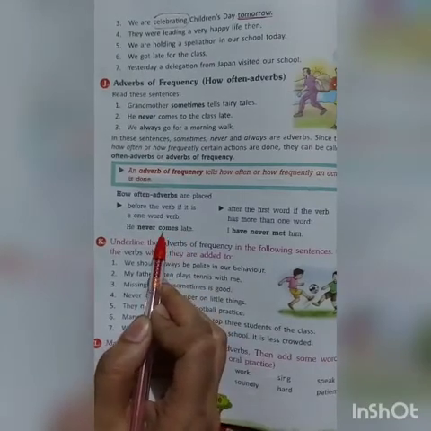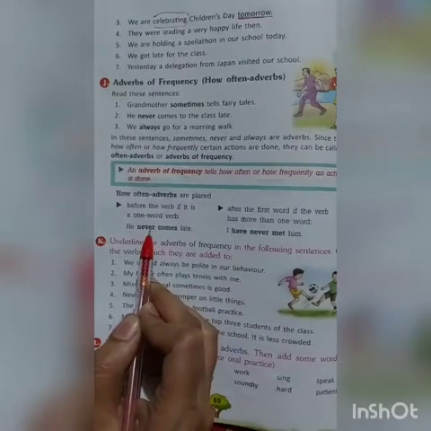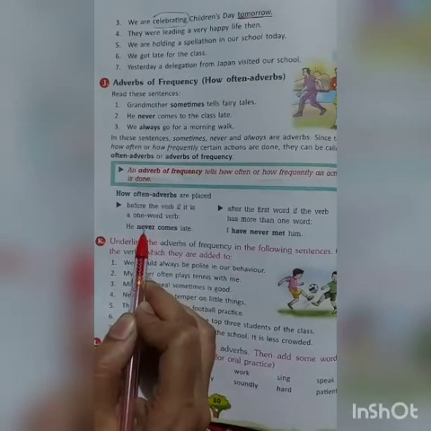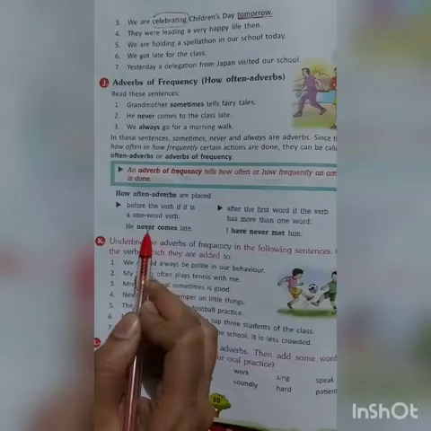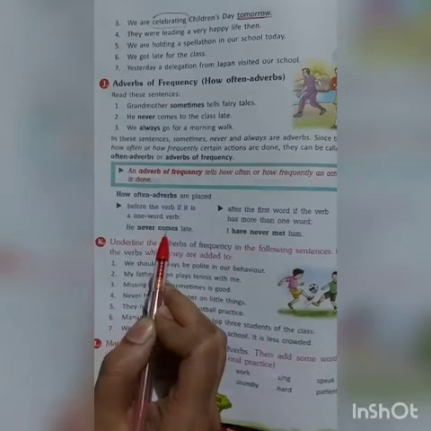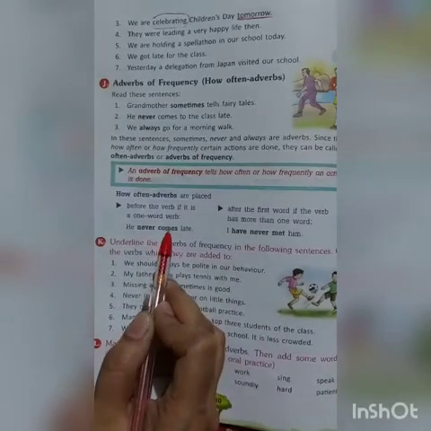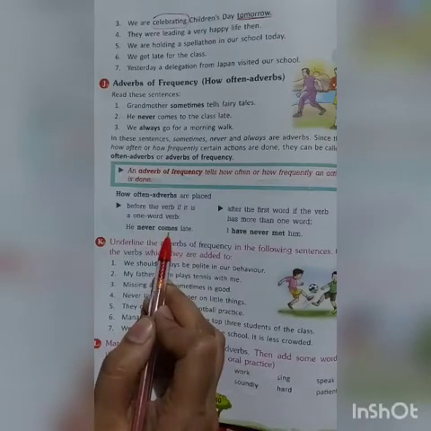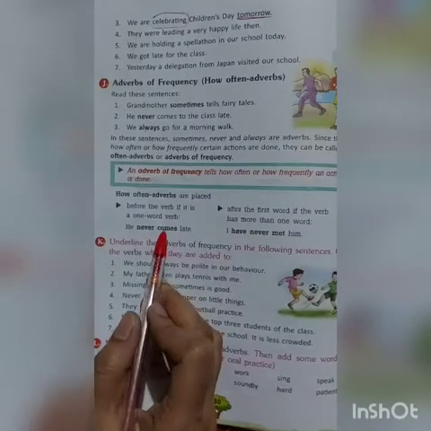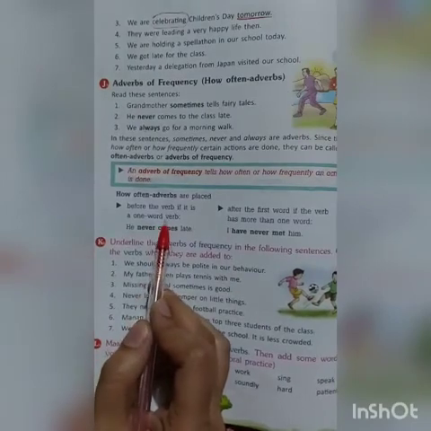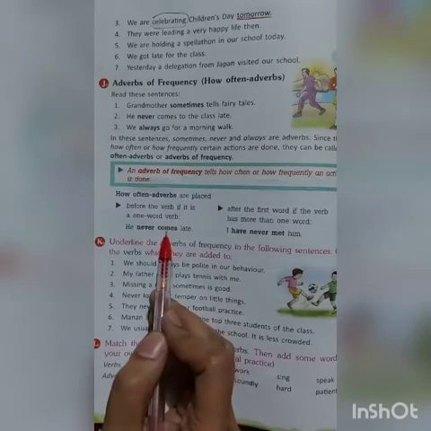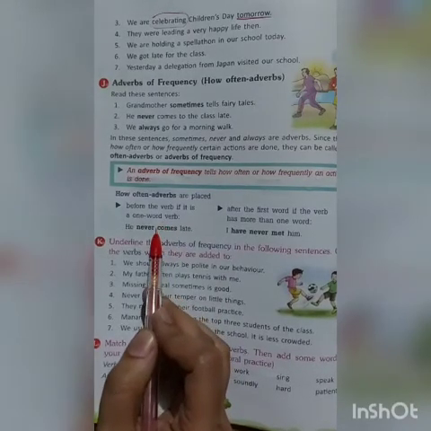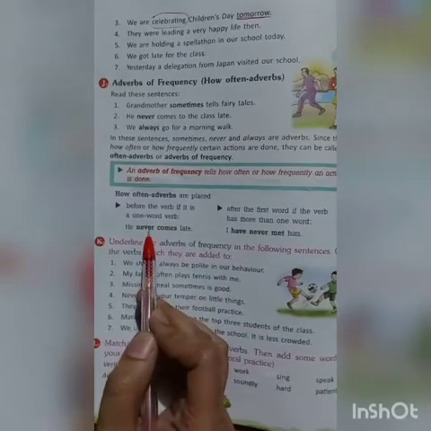Comes is the verb in this sentence and the word never is the adverb of frequency. So here you can see that it is coming before the verb. And remember that here the verb is a one-word verb. Okay? So if the verb is one word, then the adverb of frequency will be placed before the verb.